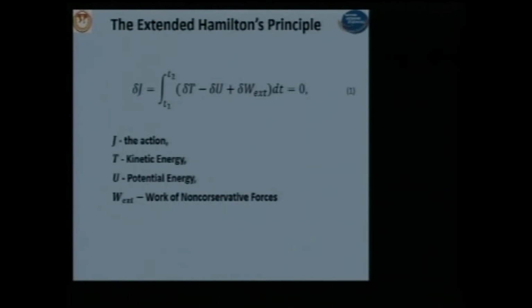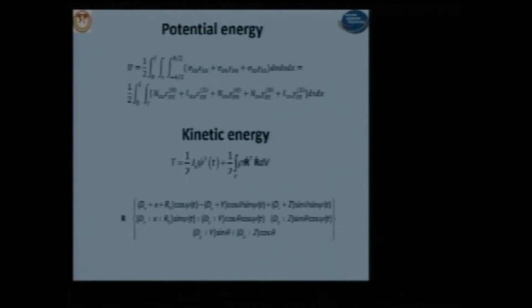Okay. We started from the beginning, from Hamilton's principle. Apart from kinetic and potential energy, we also included external non-conservative forces, which can be useful to study the influence of aerodynamic forces, for example, or other external forces, and we can include them in this model. Then we formulated potential energy, assuming linear material properties.